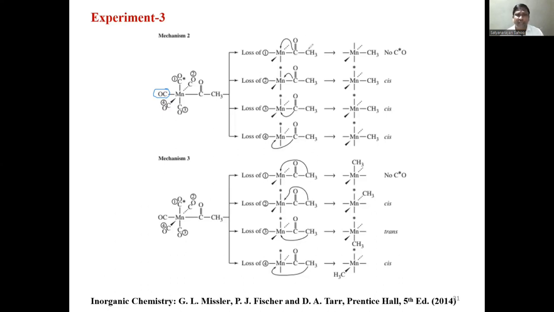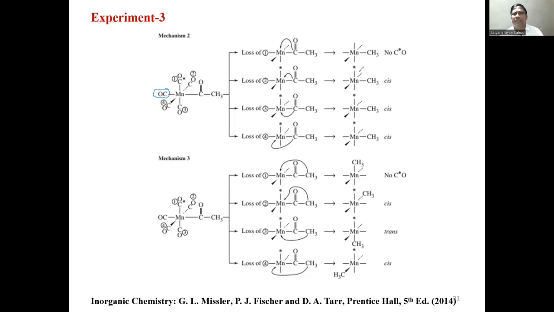So the CO migrates to the first position over here. The CO migrates to the second position. The CO migrates to the third position and the CO migrates to the fourth position. Now, when there is loss of CO from position 1, there is no labeled CO, because this labeled CO is already lost.